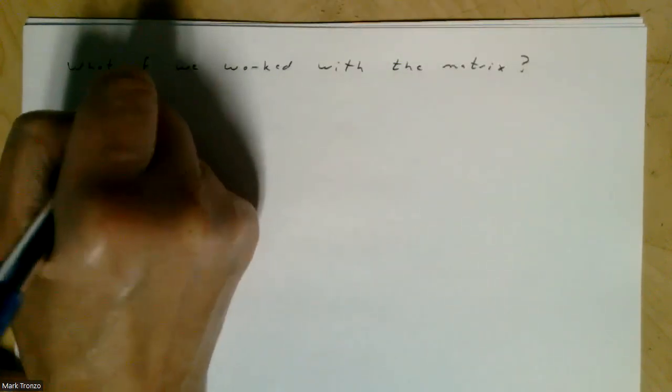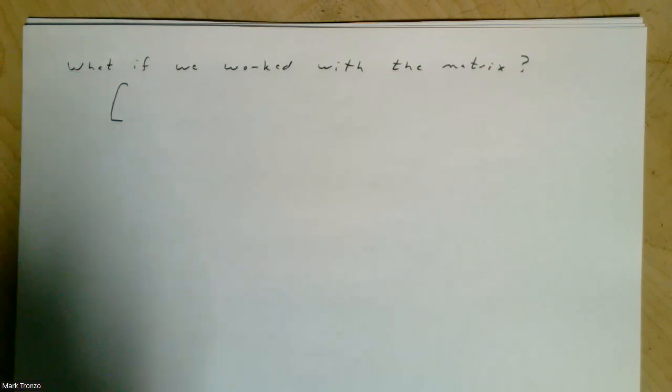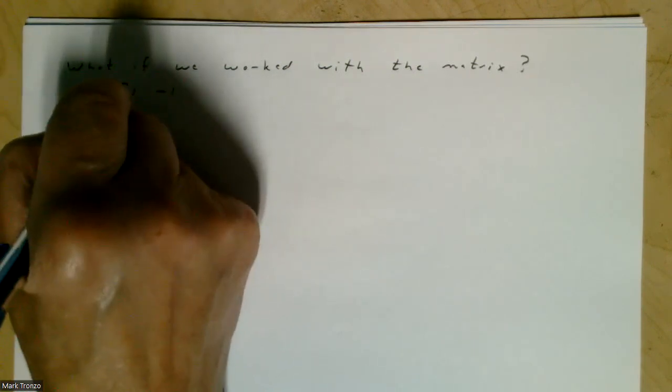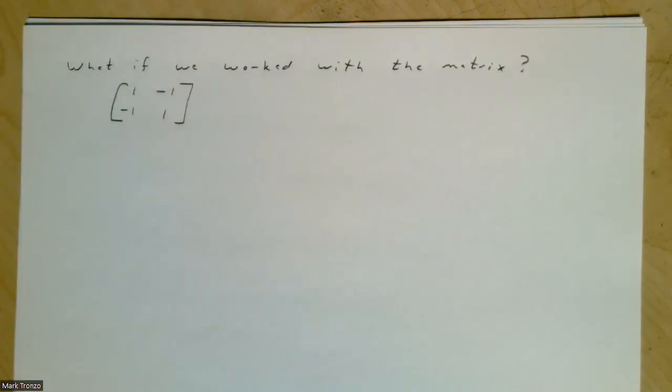Again, what was our matrix? It was 1, -1, -1, 1. That was our matrix.